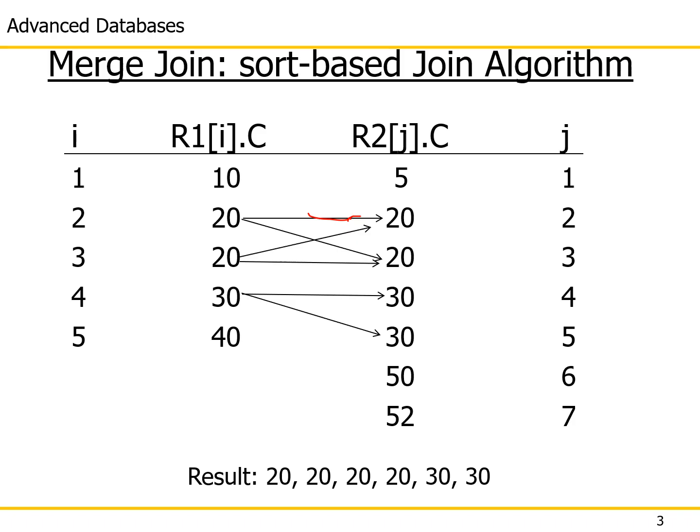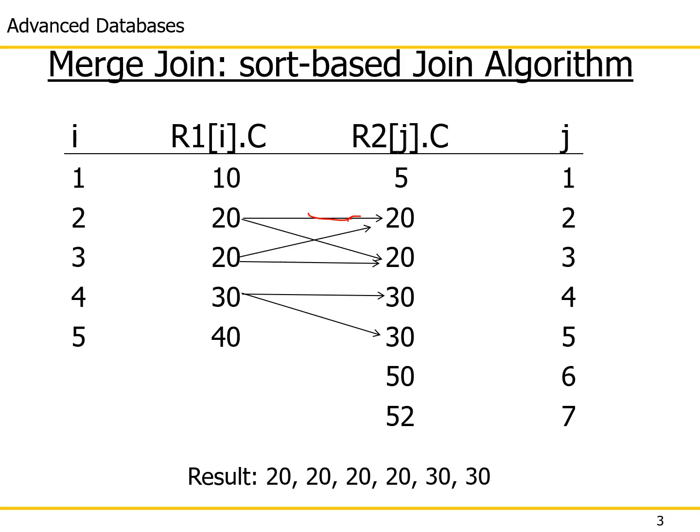What I'm referring to specifically is that if you look at R1.c, I would be pairing the first 20 in R1.c, which is at row number 2, with the first 20 in R2.c, and I need to pair it with the second 20 in R2.c, and I think the arrows show that clearly.